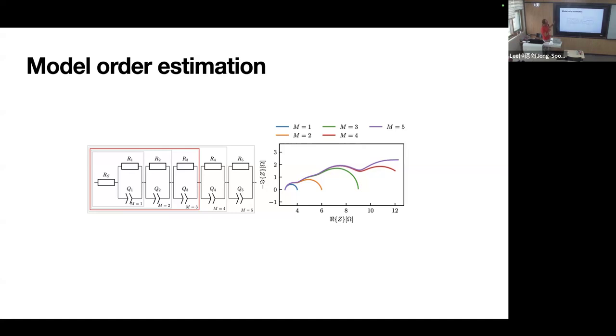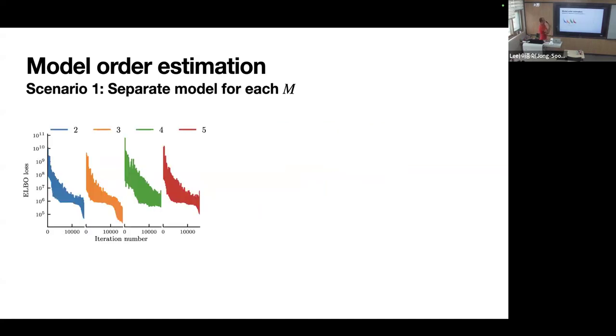And then our goal is, based on these models, to try to find the proper one. In this case, I'm going to simulate our true system as the one with 3 time constants, and I'm going to have 5 candidates and try to find the proper one. And this is where I calculate the ELBO loss for each model separately.